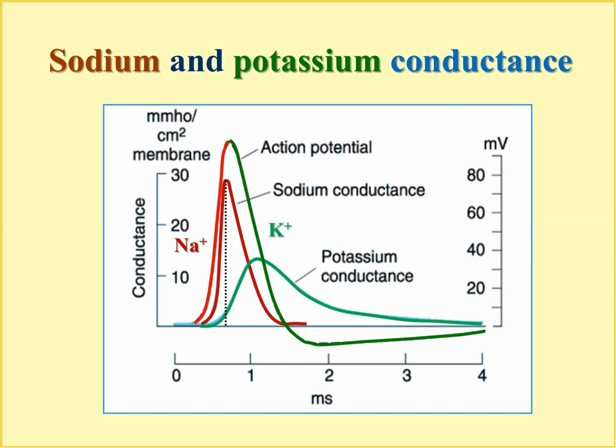And also you can notice that potassium conductance stays open a longer time. They are slower opening channels, and correspondingly they close slower. And therefore, at the moment when resting potential is achieved again, these potassium channels are still open, and potassium can go more than necessary to restore potential, and it creates one more phase, which is hyperpolarization.